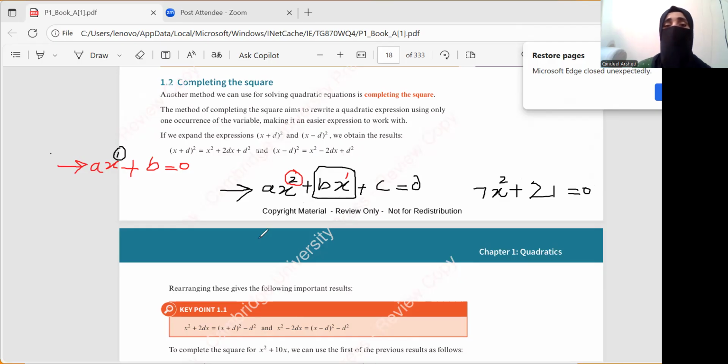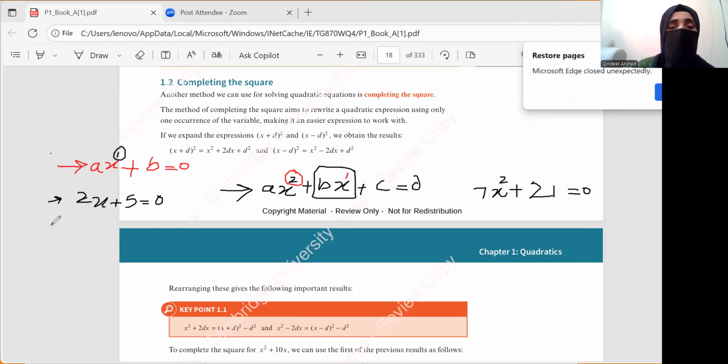Now we are going to find the solution of the quadratic equation. Always remember, class, quadratic equations are not as easy as linear equations. Suppose this is a linear equation, 2x plus 5 is equal to 0, and I want to find the value of x.